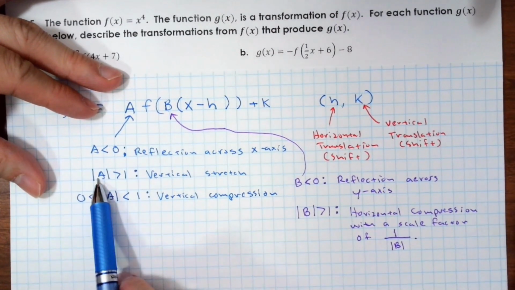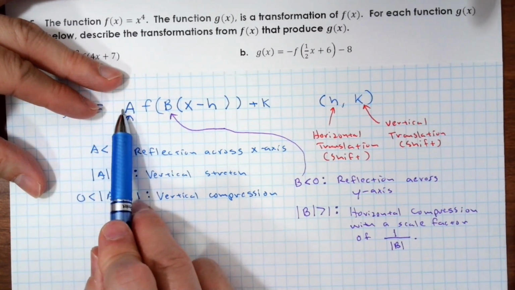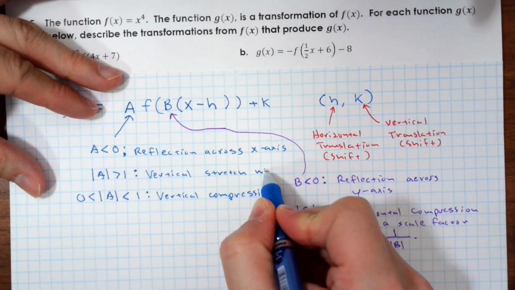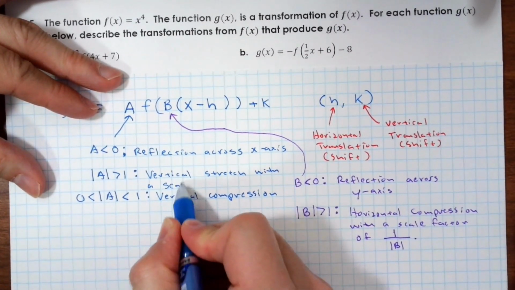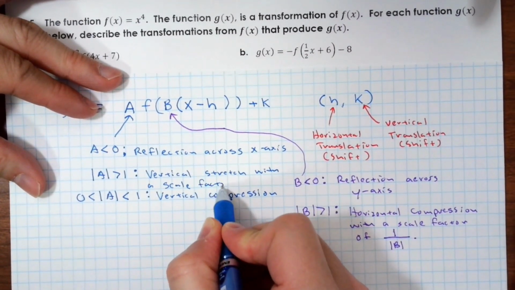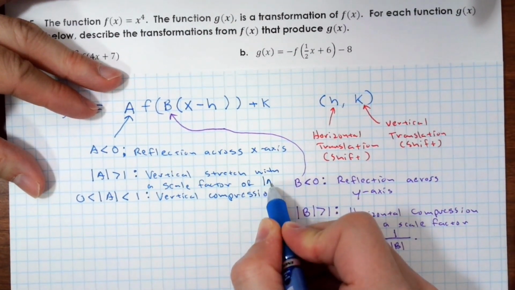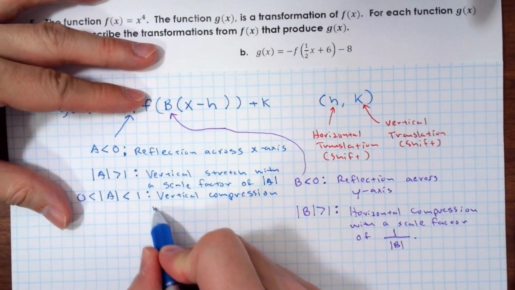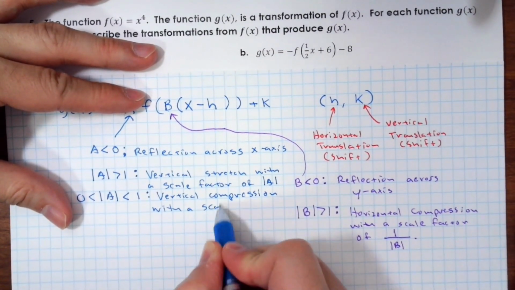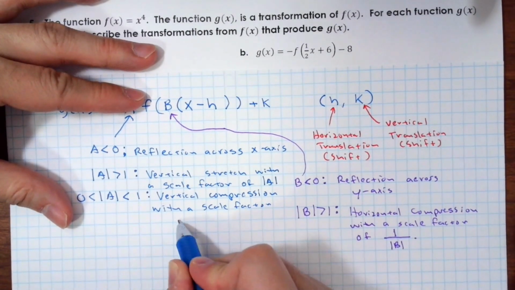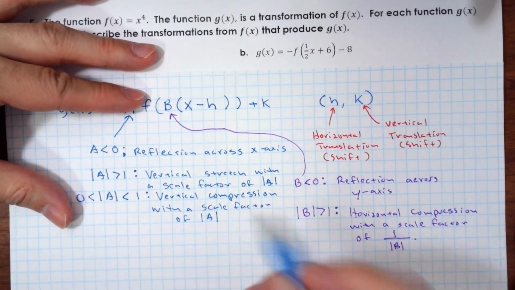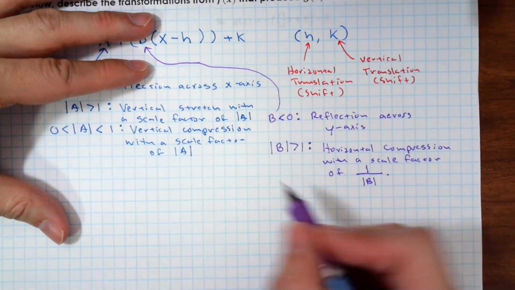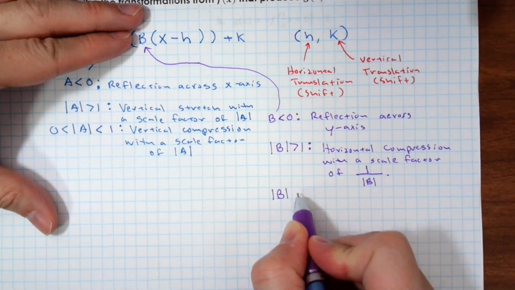Whereas here, if the absolute value of a is greater than 1, this is our scale factor. The absolute value of a is the scale factor. So this is a vertical stretch with a scale factor of absolute value a. And this is vertical compression with a scale factor of absolute value a. There's slightly different terminology your teacher could use here if they wanted to.